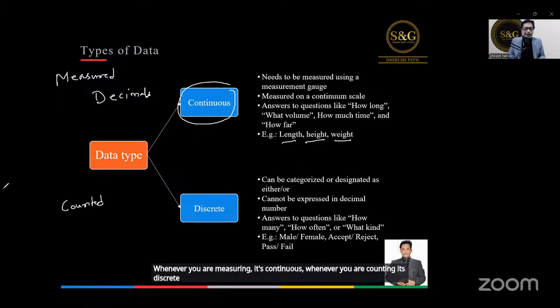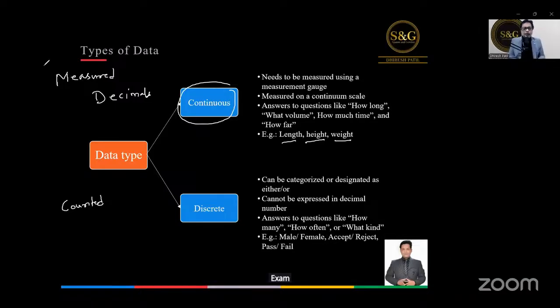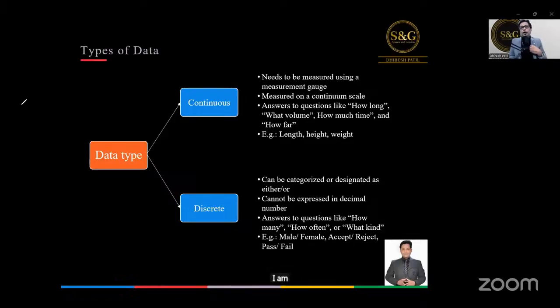Okay. Example. Let's say I am in a battery factory. I am a quality inspector, and I am checking the weight of the battery. Just giving you an example. The weight of the battery is 100 grams, and if it is less than 100 grams, I have to reject it.